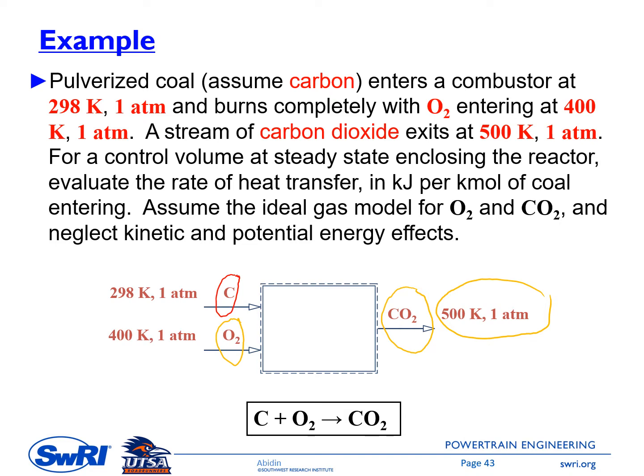So assume the ideal gas model for O2 and CO2, and neglect kinetic and potential energy effects. And this is the reaction. So we have 1 mole of carbon plus 1 mole of oxygen. The product is 1 mole of CO2.